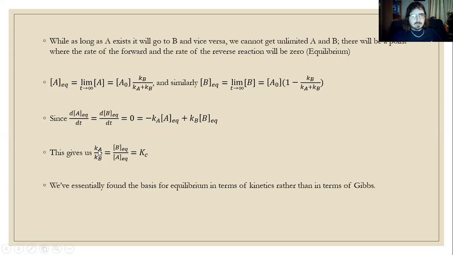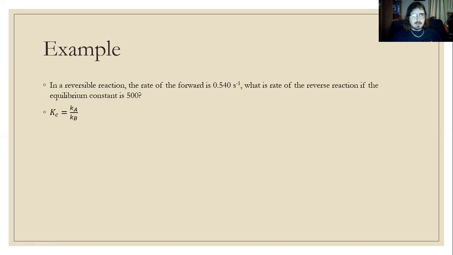There's also the rate of the forward reaction over the rate of the reverse. Essentially, here we found the basis for equilibrium in terms of kinetics rather than in terms of Gibbs. That equilibrium is dependent equally on Gibbs free energy, but it's also equally dependent on the kinetics of our forward and reverse reaction.